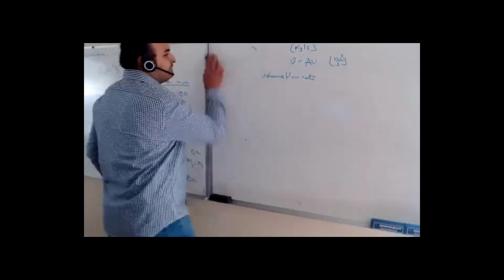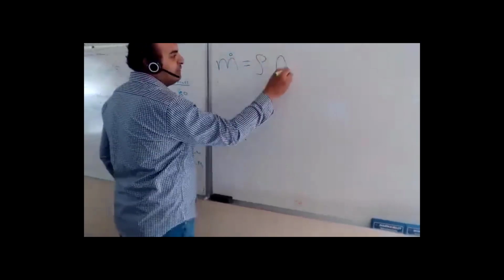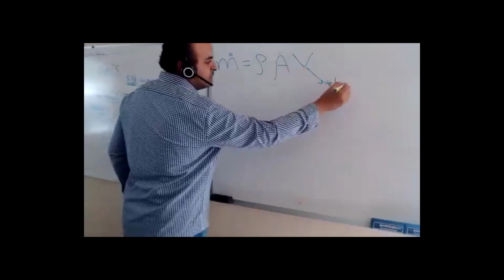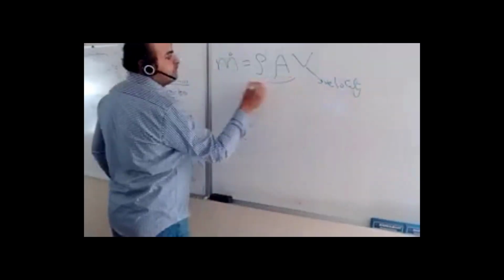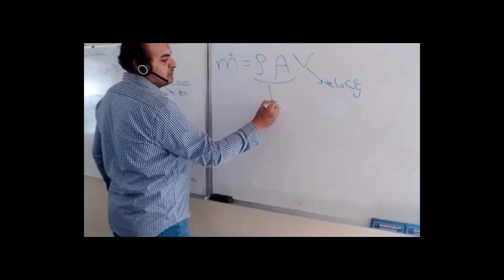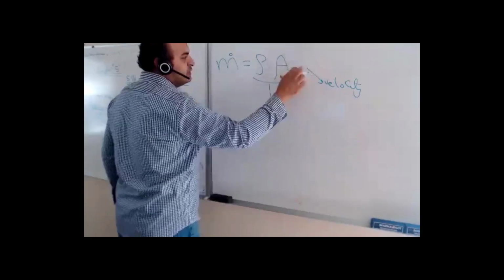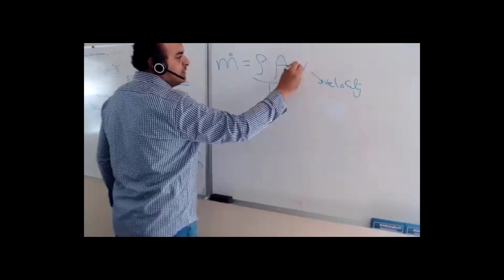Okay, I'm going to write it a bit bigger. So we were saying m dot equals rho AV. This is velocity. This is volume flow rate. You can use v small for velocity to make it distinguishable, but do not use it for other things.